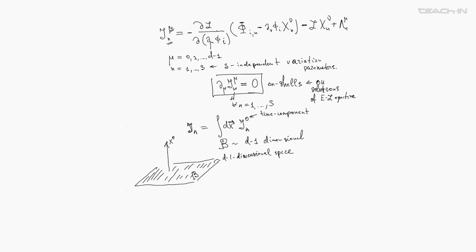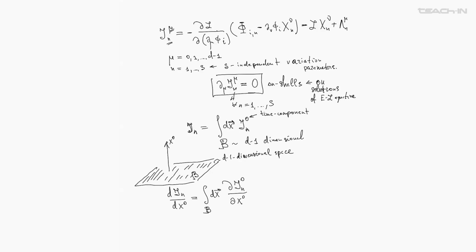Why is it conserved? The reason is the following. If you differentiate this object over time, take the derivative dQ_n over dx0. Since you integrate over spatial directions, you can move the differentiation over x0 inside the integral. And now it turns into a partial derivative because you differentiate the current, which depends on time but also on the spatial components.